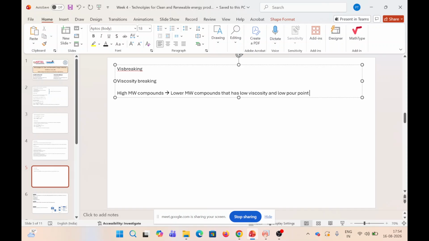Last week also, when we were discussing the properties of the crude oil, we discussed cloud point and pour point, and I asked what is pour point. Did anybody who attended the last live interaction session get the exact definition for pour point and cloud point? Anyone?